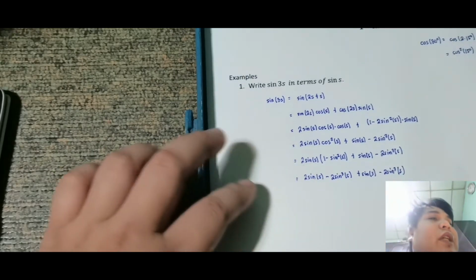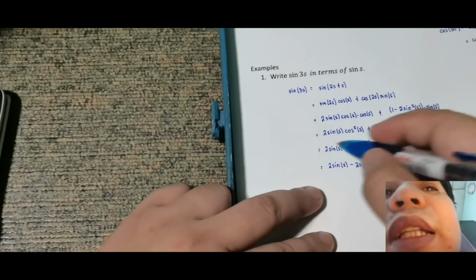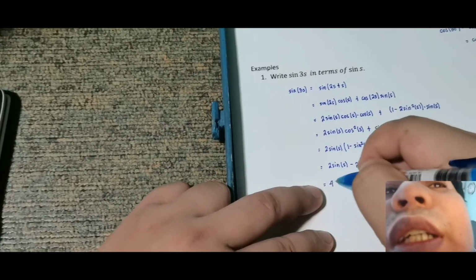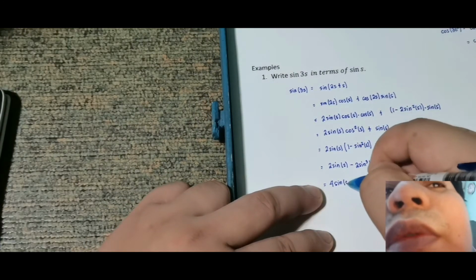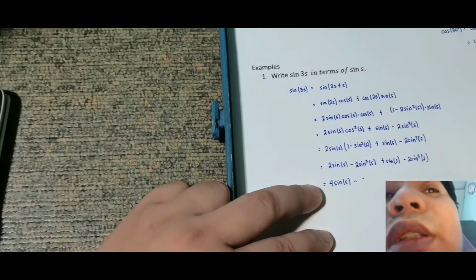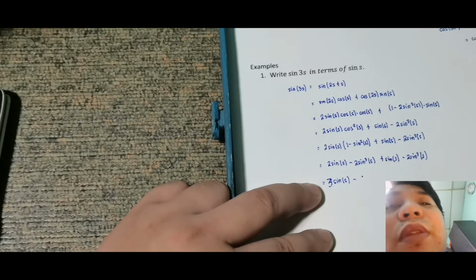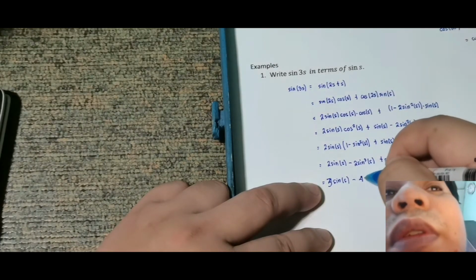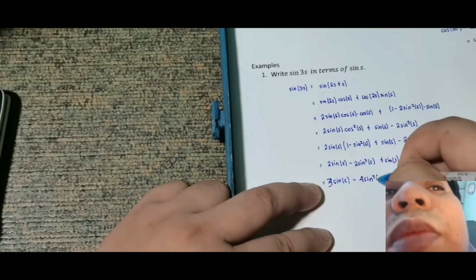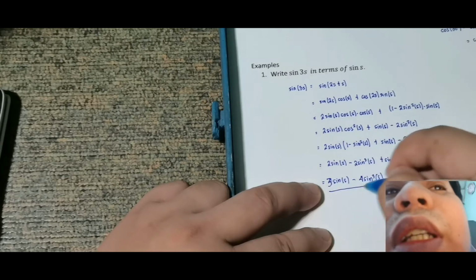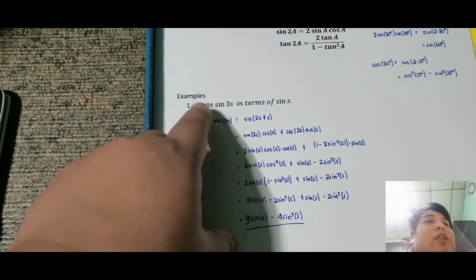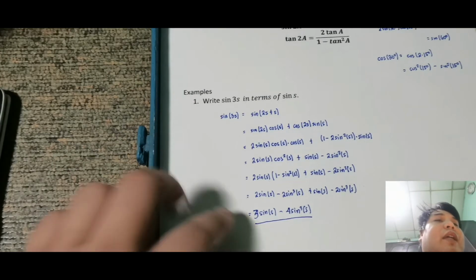So since puro sine na lang, simplify na natin yung mga like terms. So this is 3 sine s, 2 plus 1, then minus 4 sine cube of s. So therefore ito yung sine 3s in terms of sine s lang.